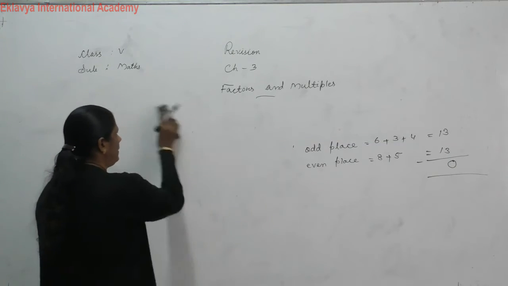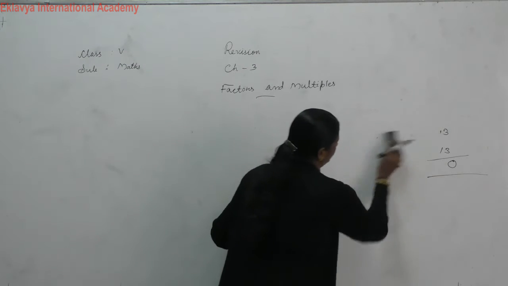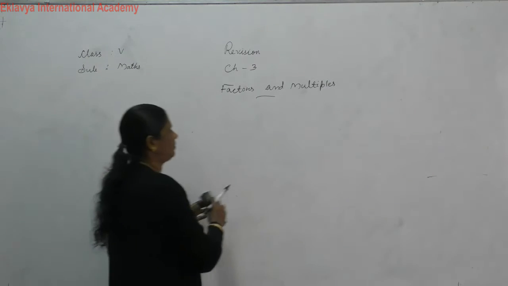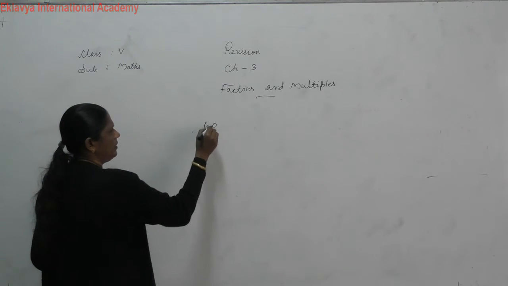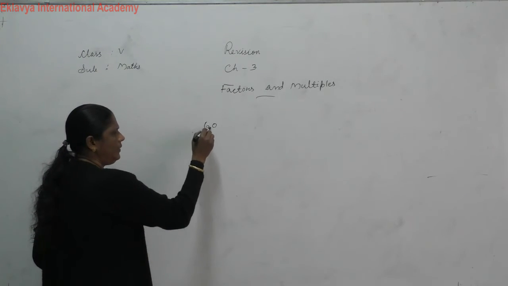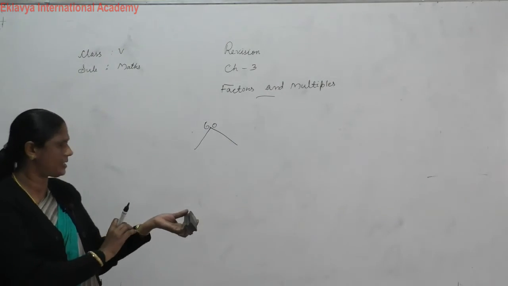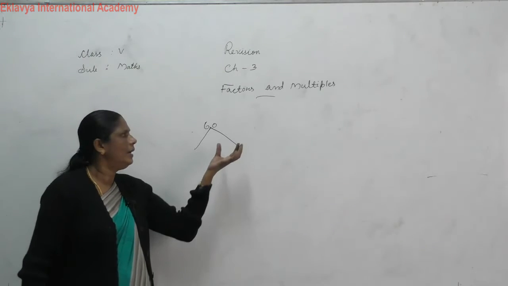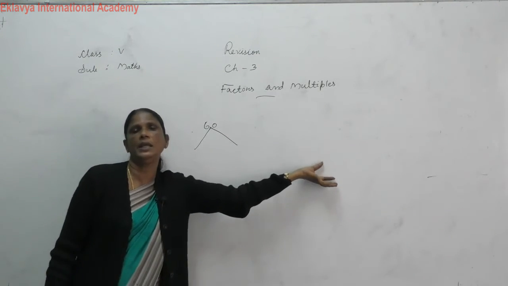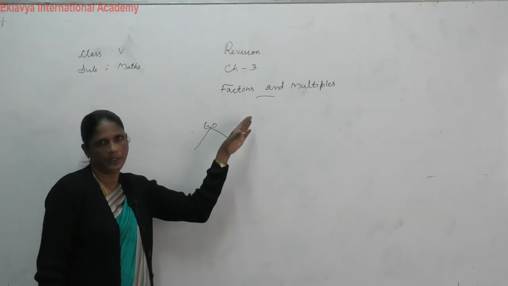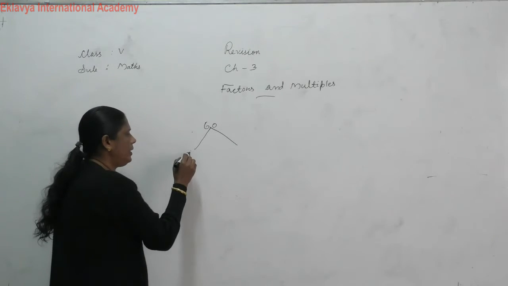Then the factor tree. We only divide the number by prime numbers, prime factorization. Therefore, we say prime factorization in tree method. First look, is this number divisible by 2? Yes.